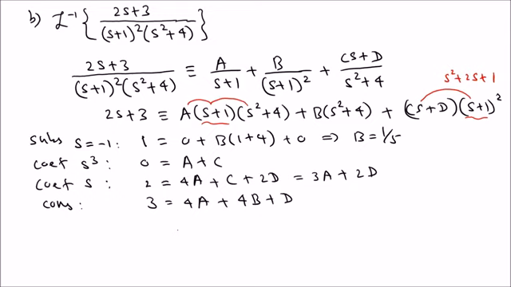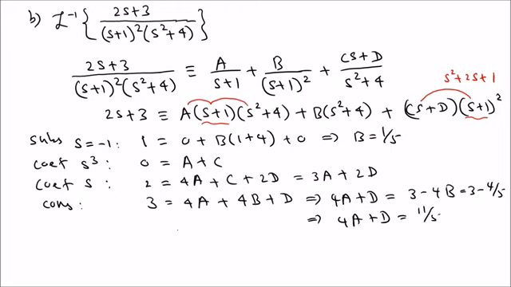So 4a plus d equals 3 minus 4b. But what is 4b? Which is 3 minus 4/5, that means 11 over 5. So you get the equation 4a plus d equals 11 over 5.